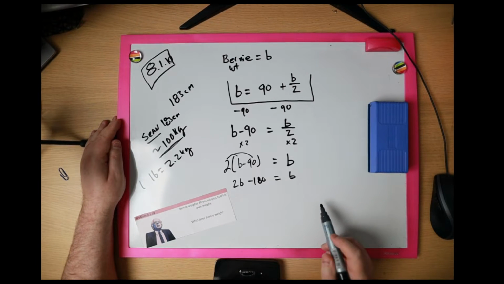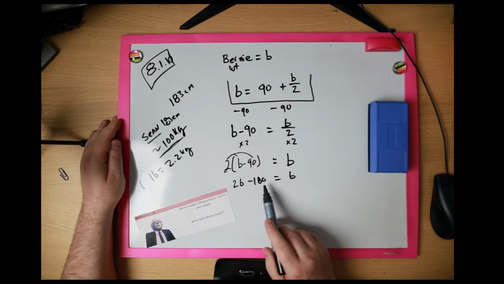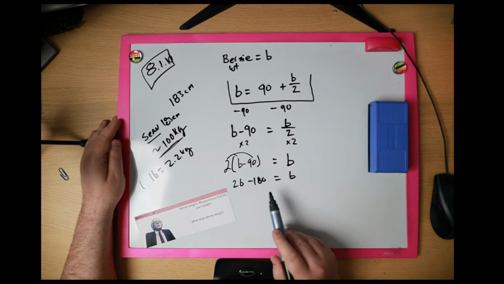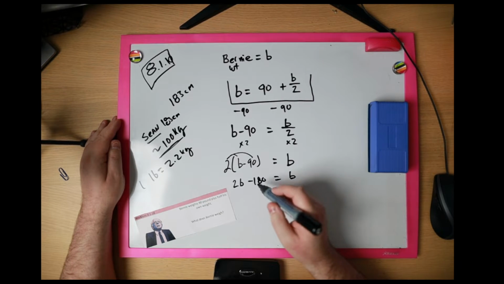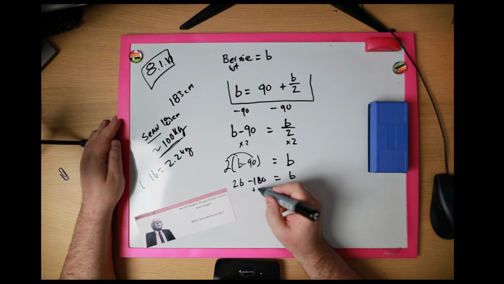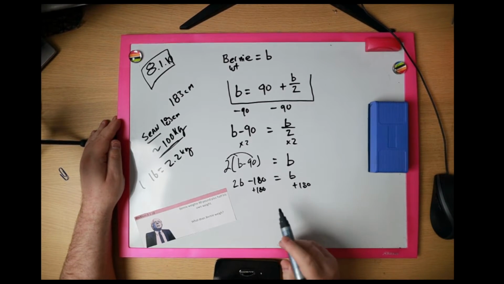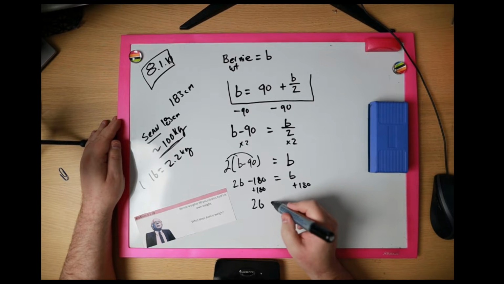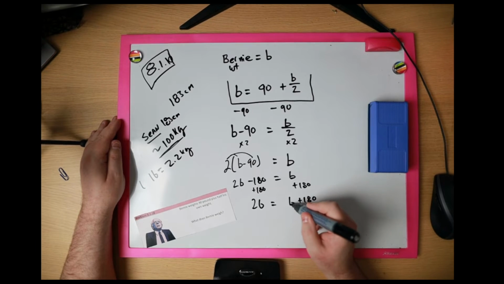Now we need to get this minus 180 on the other side from b, so we can figure out what b is actually equal to. So I'm going to add 180 to both sides in an effort to get rid of this 180. So it would be 2b is equal to b plus 180.